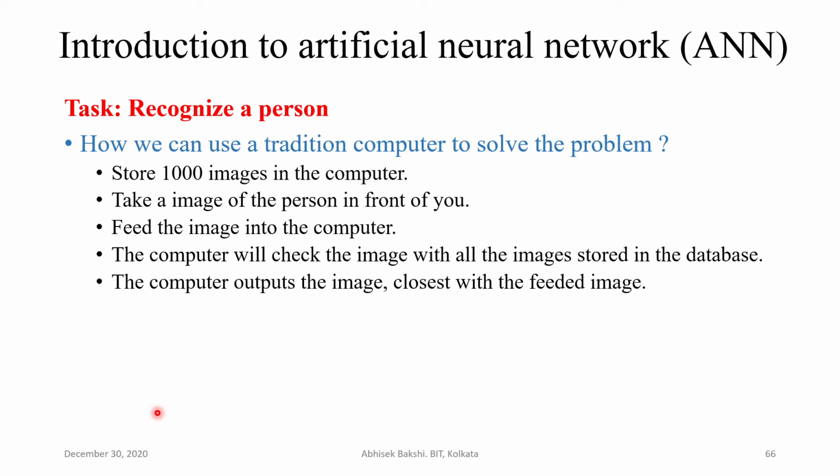Now the computer will check that image's characteristics with respect to some data from the database, and finally among all those 100 or 1,000 or 10,000 images, the image that shows closest to the image of the person will be used to recognize the person as that one, right? So it can be something like this, right?